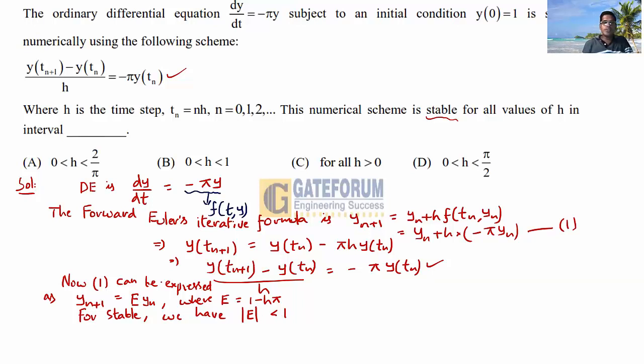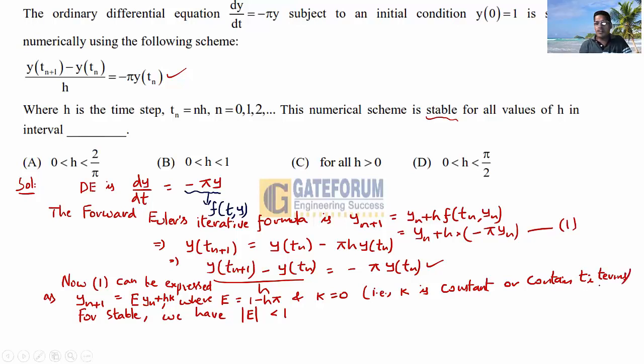You can write here plus h times k, where k is a constant or contains independent variable terms, t i terms.